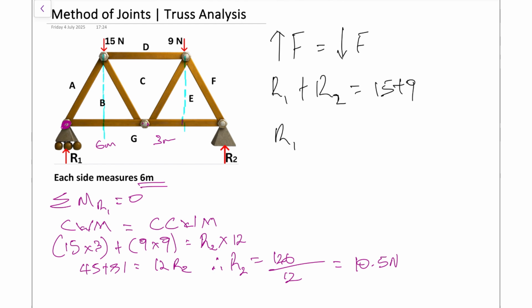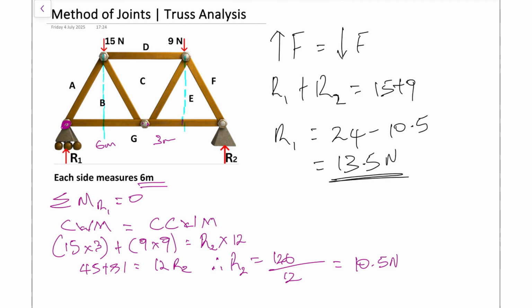We already know R2, so all we're going to do is subtract that R2 from 15 plus 9, 24 minus our 10.5, and that gives us our R1, 13.5 newtons. So that's the reaction forces, and that's step 1 done.